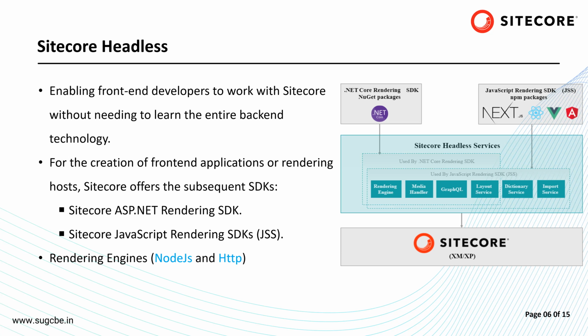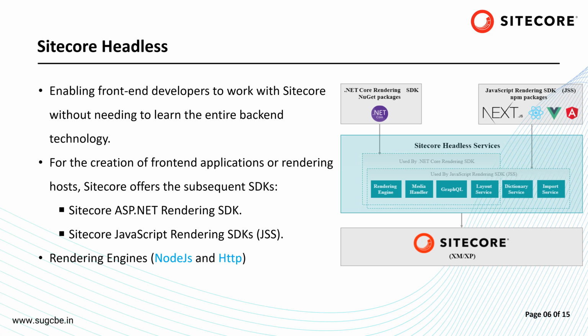And there are two different rendering engines. One is the Node.js rendering engine and the other is the HTTP rendering engine. When we are going with the Node.js rendering engine, it is actually enabled by default when you have Sitecore headless services.